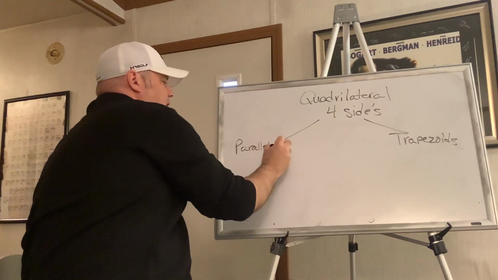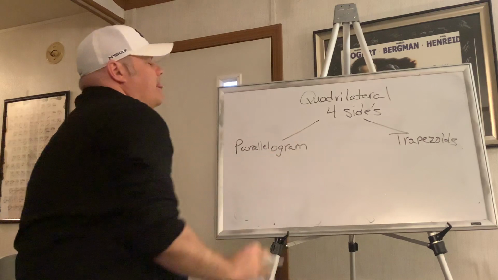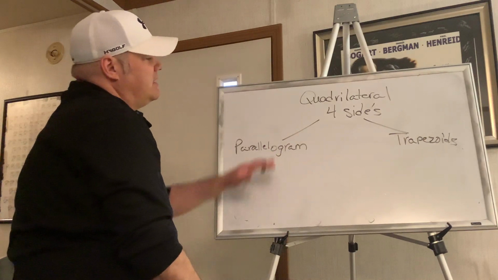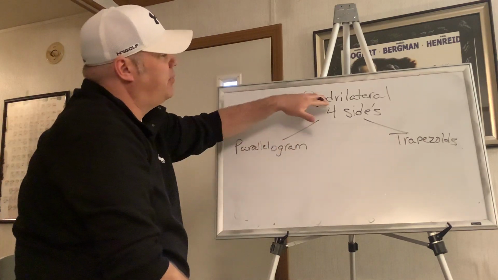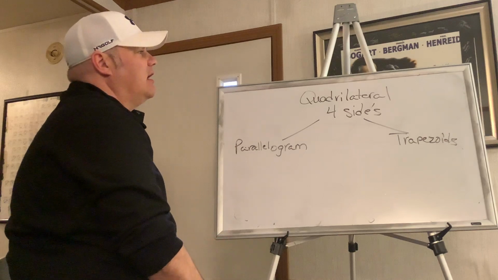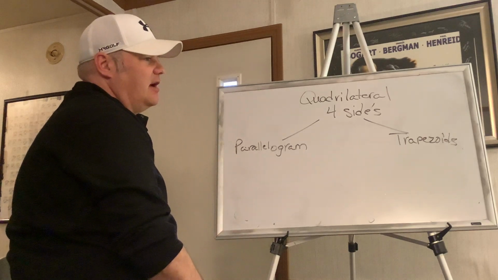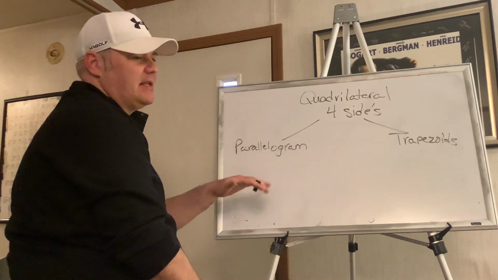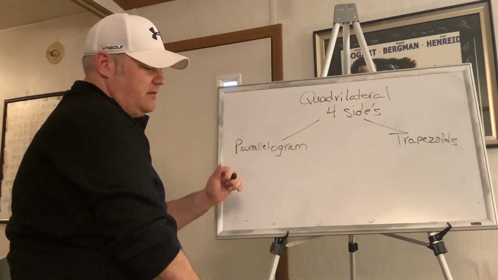Parallelogram. There's that word parallel again. Now, these two are different from each other, but they're both quadrilaterals. It's like saying, I use the example cats, and now when I say cats, everybody thinks of that tiger show.